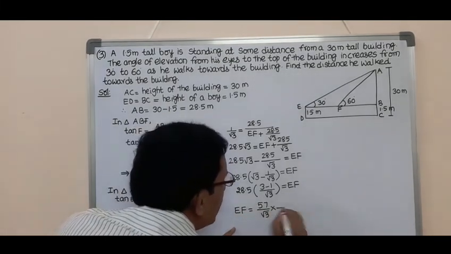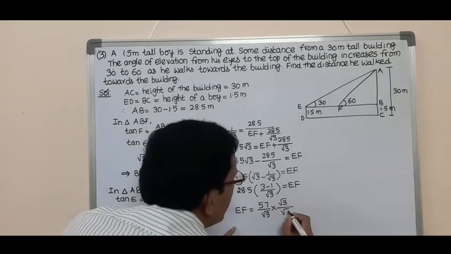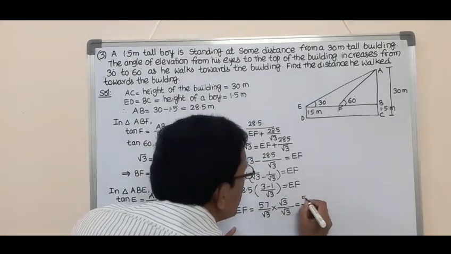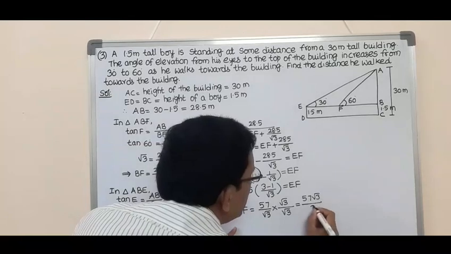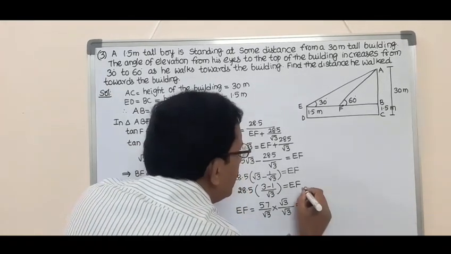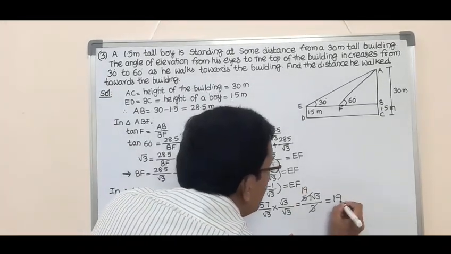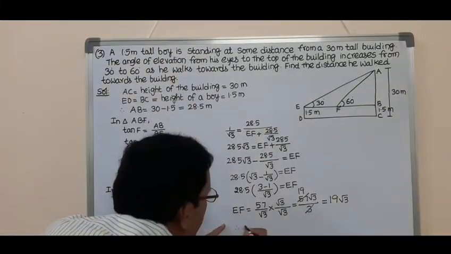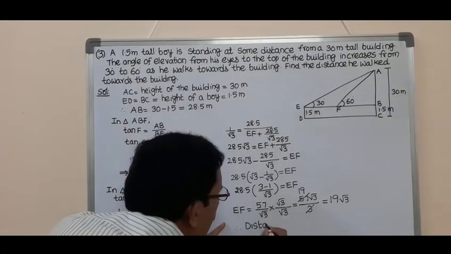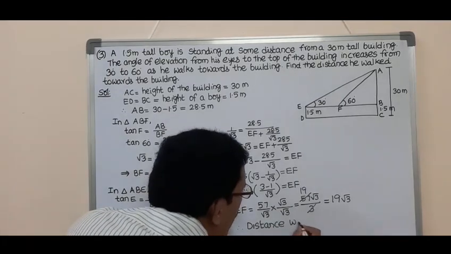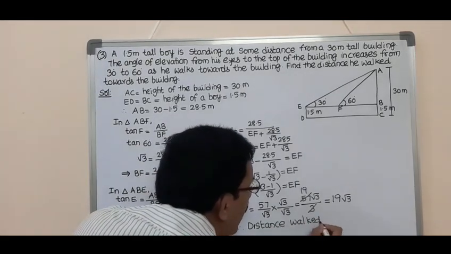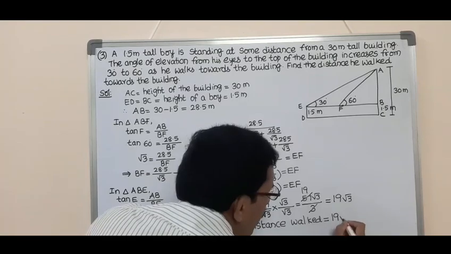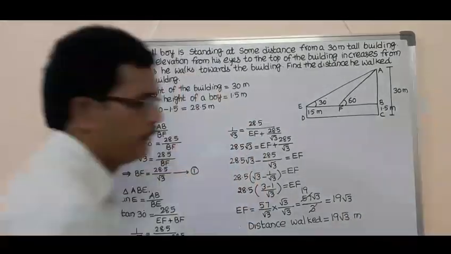By rationalizing the denominator, we get 57 root 3 by 3, that is equal to 3 ones are 3, 19 root 3. Therefore, distance walked is equal to 19 root 3 meters.